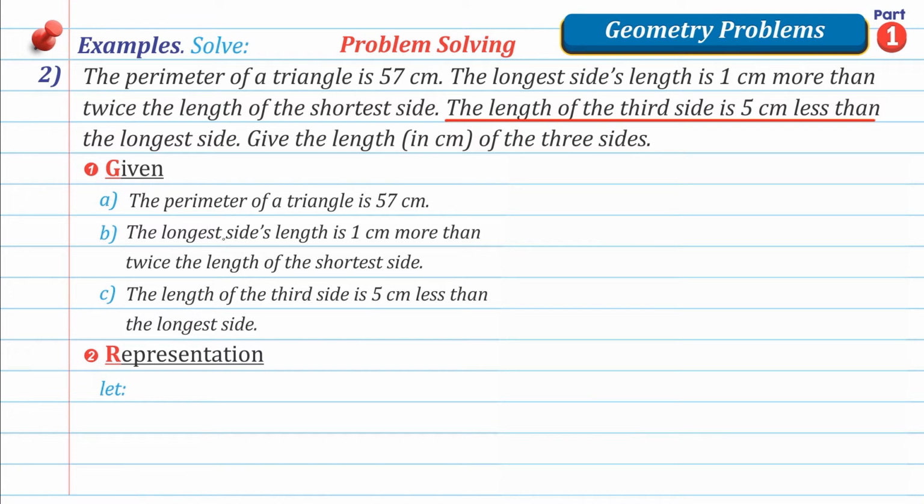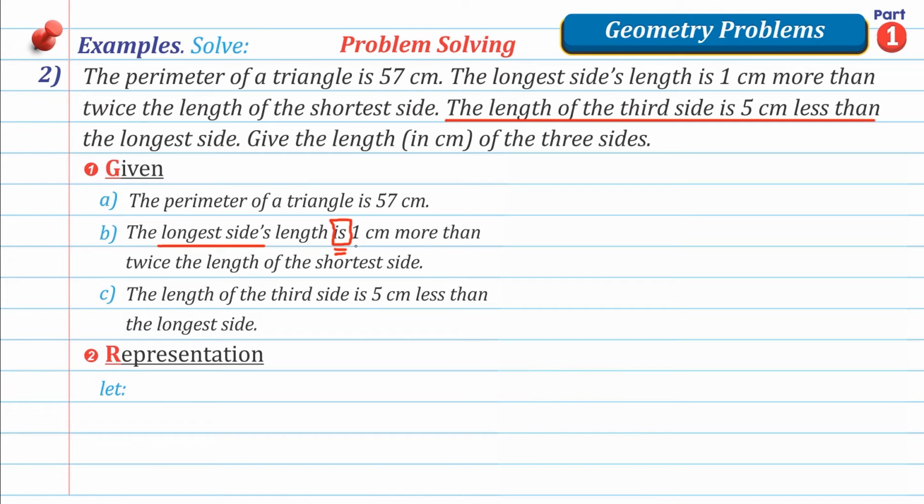So let's look at the second given. The longest side's length, take note, we are describing the longest side. Is, remember kanina, whenever we use the word is, it means equal sign. We are describing the longest length.